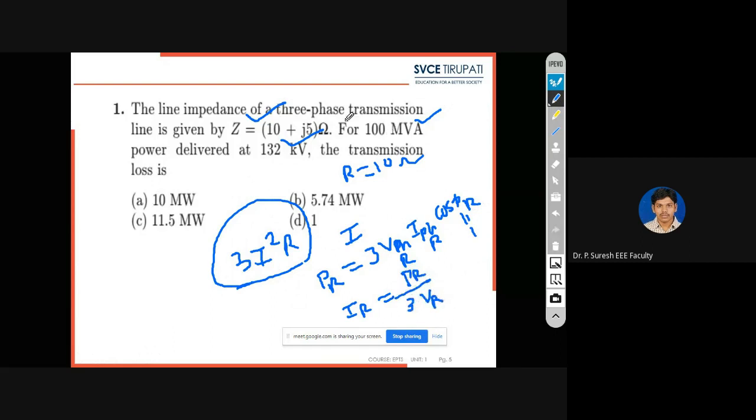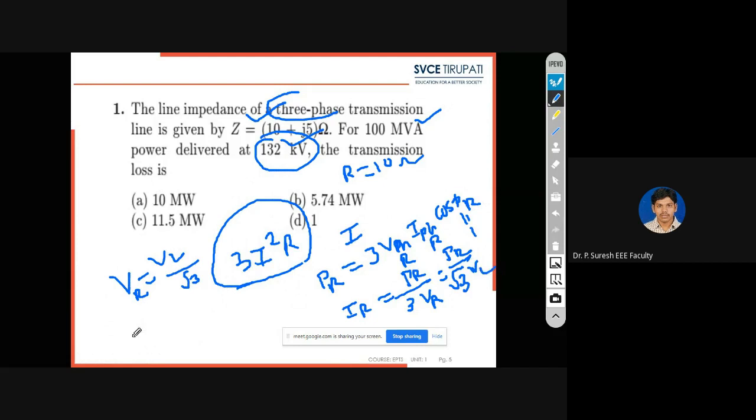But they given 132 kV; is it phase voltage or line voltage? In any system where they mention three phase and voltage, that is the line voltage. So VR equal to VL by root 3. That's why directly I am writing PR by root 3 VL.